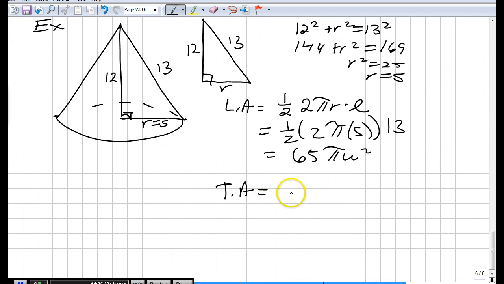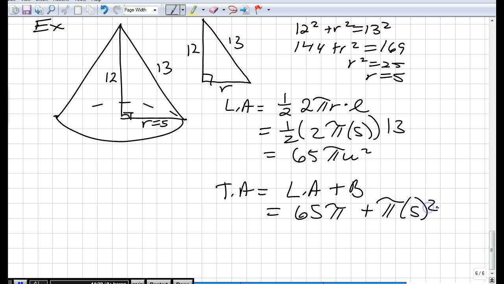Okay, then we can do total area. So remember, total area is the lateral area plus the base area. So lateral area was 65 pi. Base area is pi r squared, so that's pi times 5 squared. So it's 65 pi plus 25 pi, which gives us 90 pi units squared.